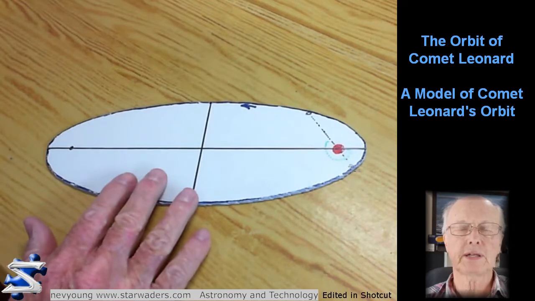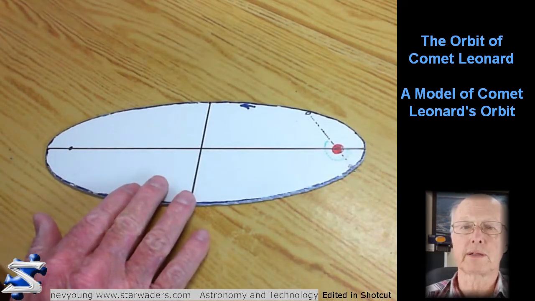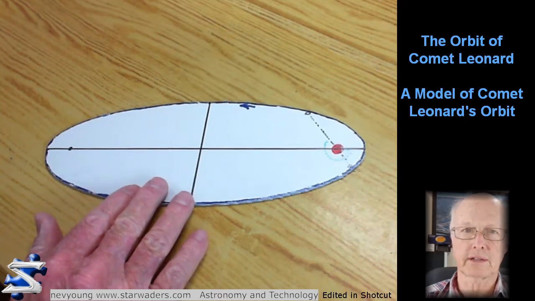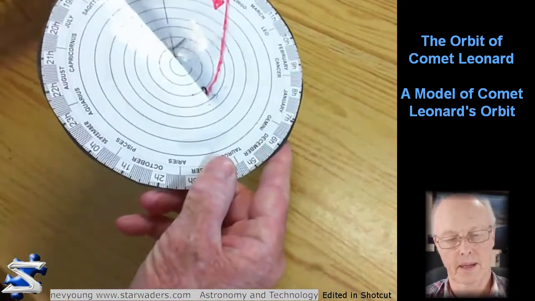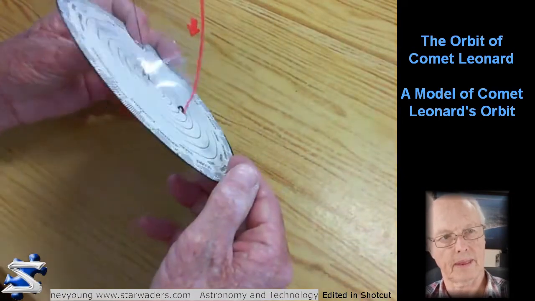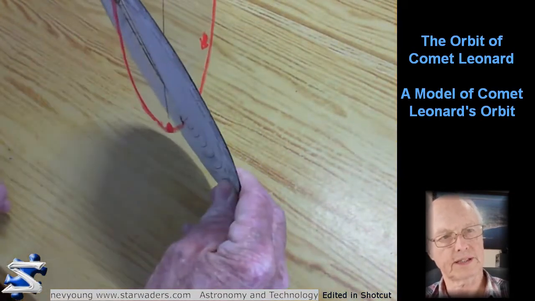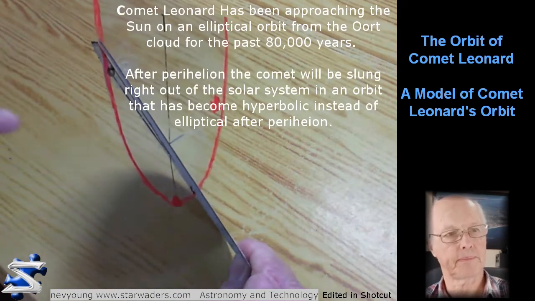Now, to get a better idea of how the Earth's position relates to Comet Leonard, we need a model that is dedicated to Comet Leonard. So we have this model. And there you can see the orbit, and you can see how that orbit is cutting through the solar system.